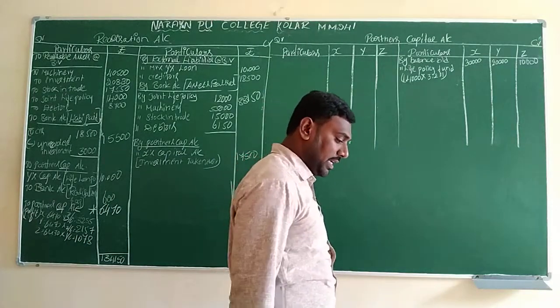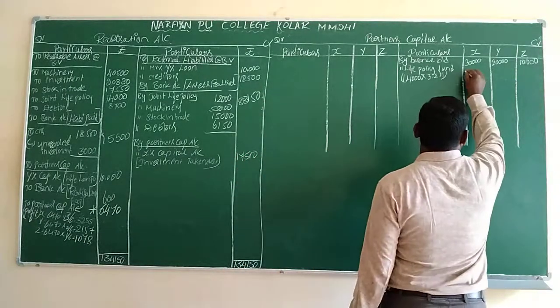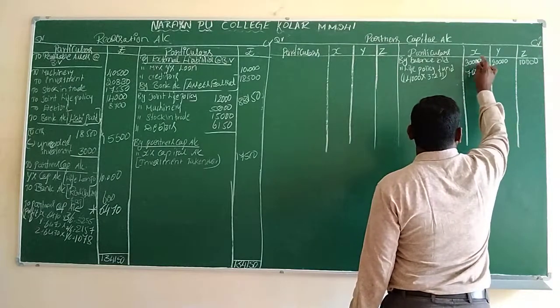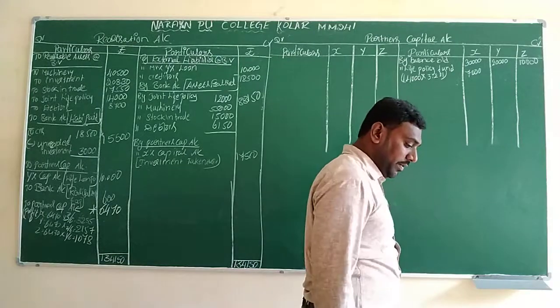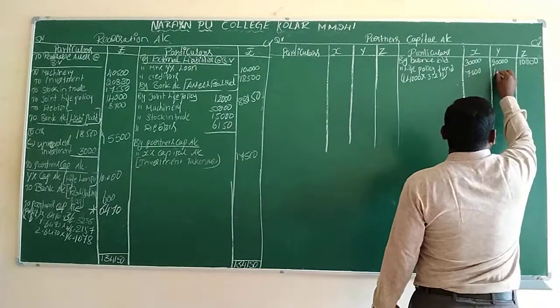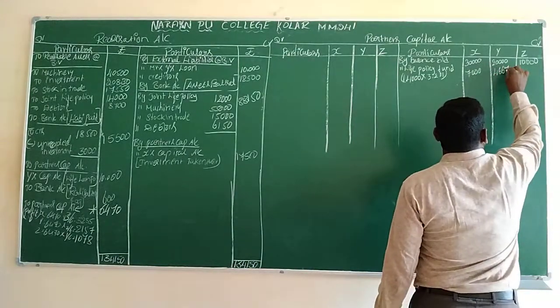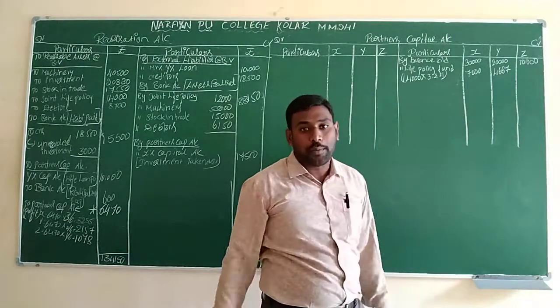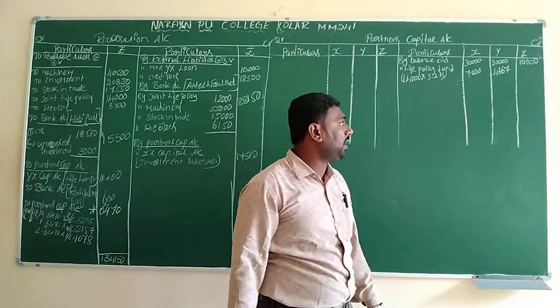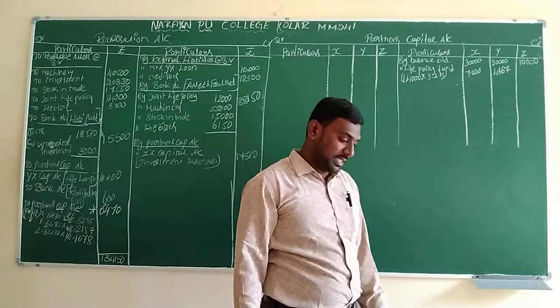First partner will get 7,000. Second partner will get 4,666.6 we have to get. So we should make it a round-up value, that is 4,667.